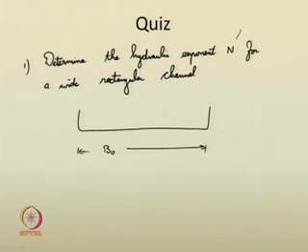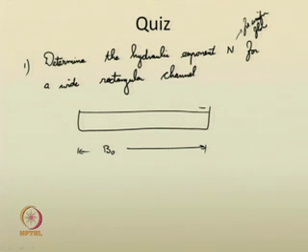Please note that it is for uniform flow for a wide rectangular channel. So, how will you determine the hydraulic exponent?